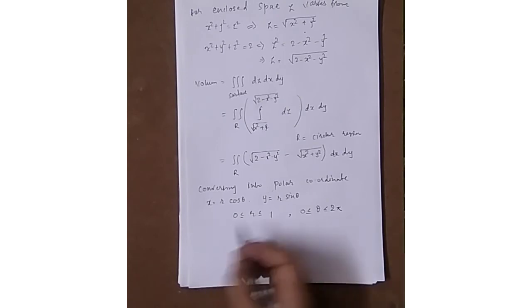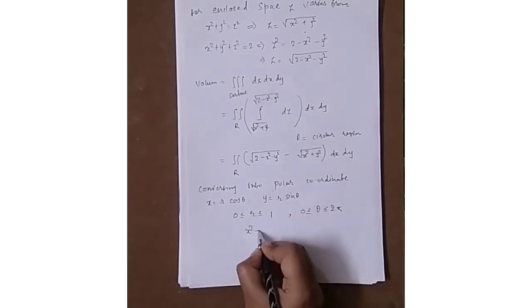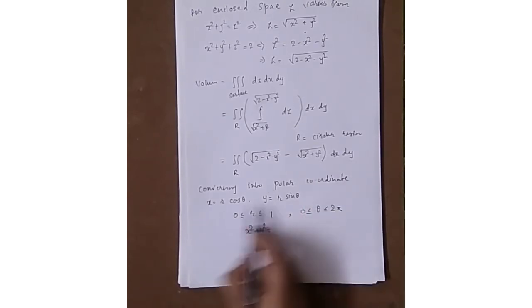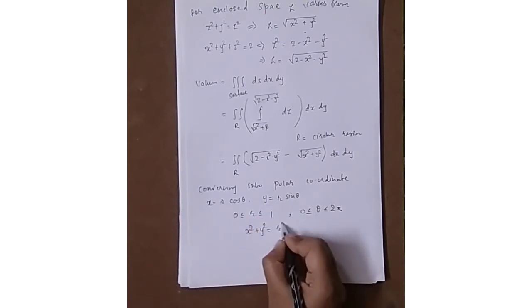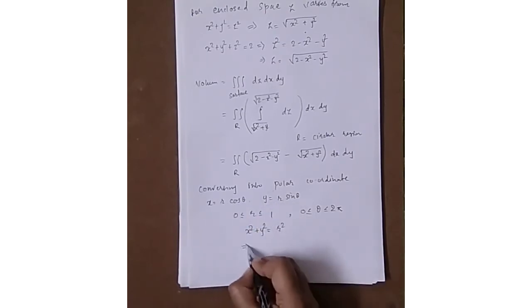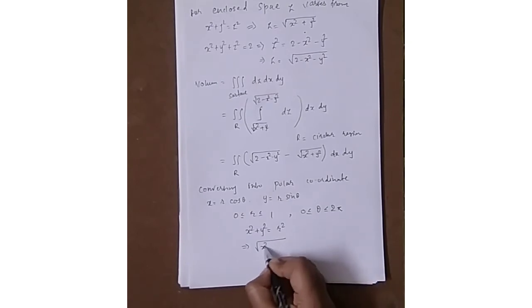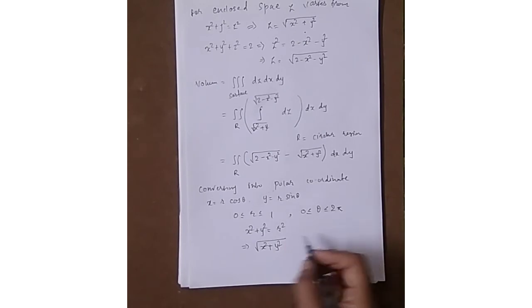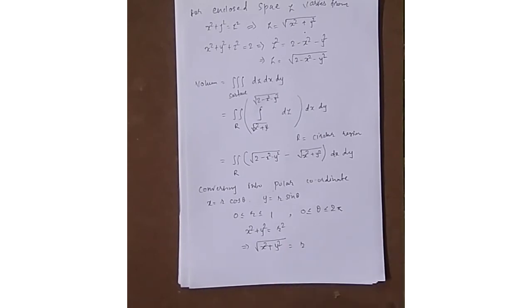Also we know that x square plus y square, from these two relations, gives r square, and the square root of x square plus y square gives only r.